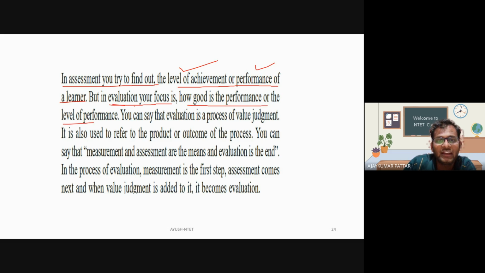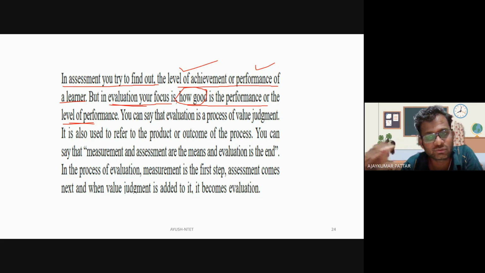In evaluation में क्या होता है, how good. That is the evaluation. So how good the performance is, the level of that performance, is called evaluation.